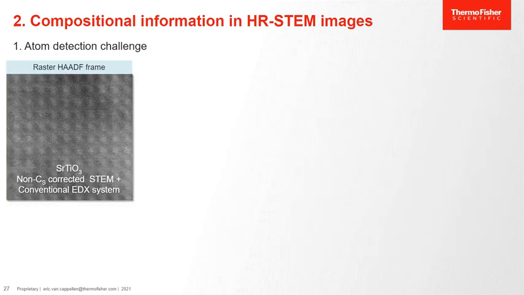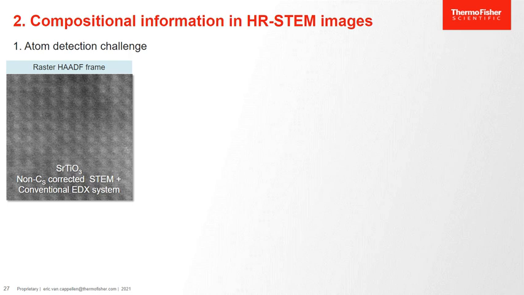So let's look into a little more detail. Here I have my poor strontium titanate HADF image. But notwithstanding the fact that it's a poor image, your brain manages to figure out where the atom positions are. We see those blobs.